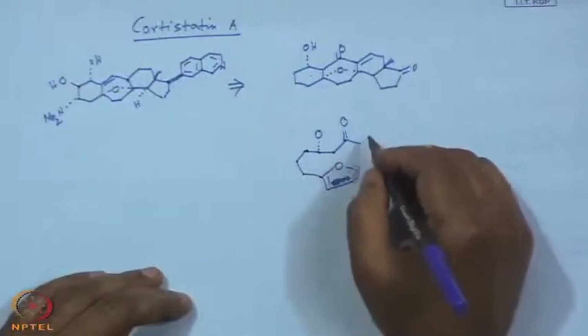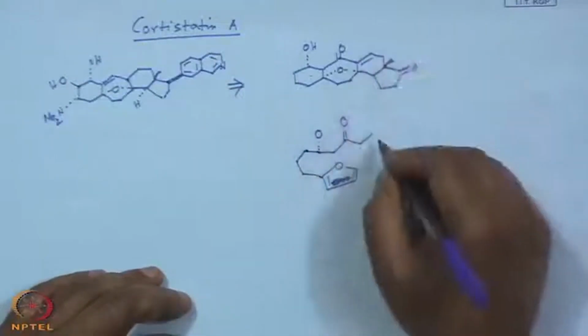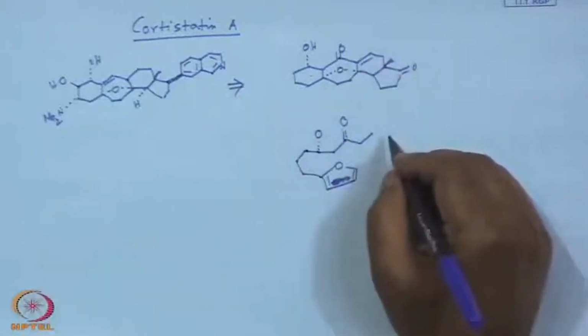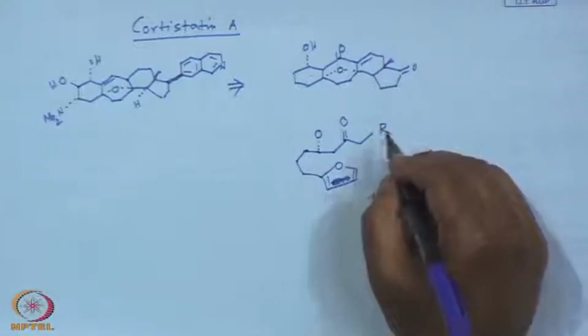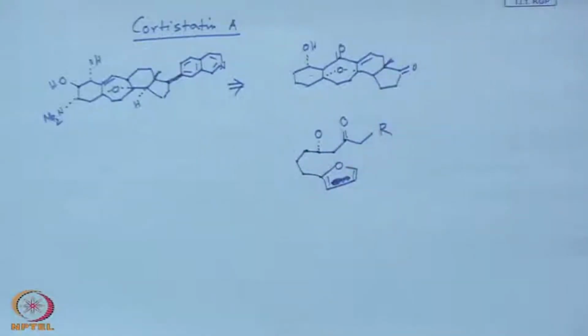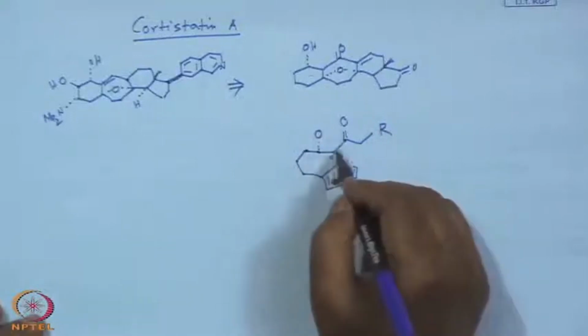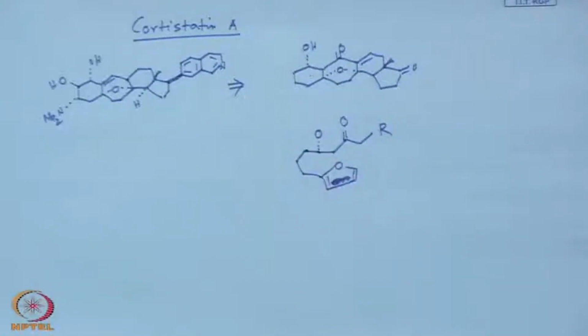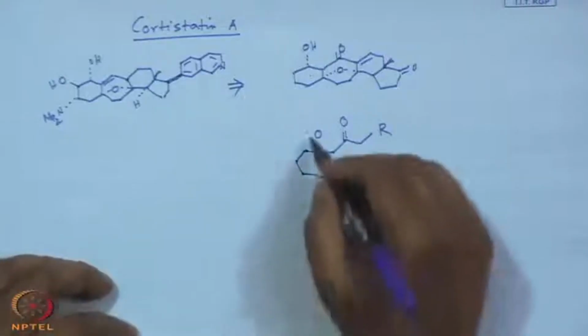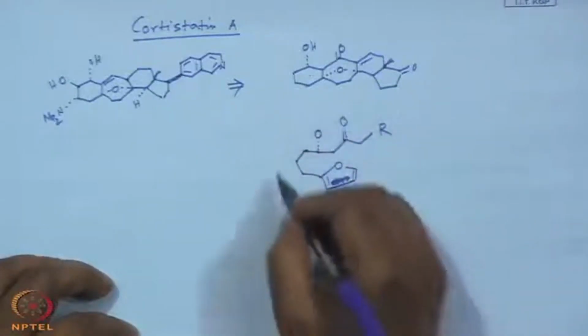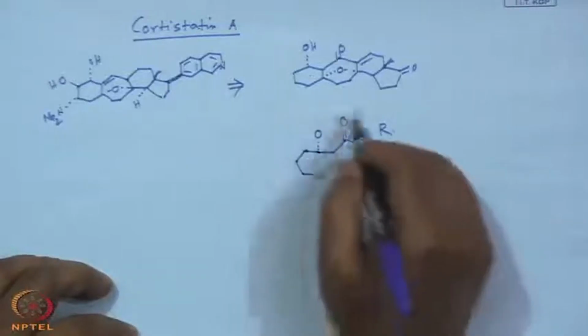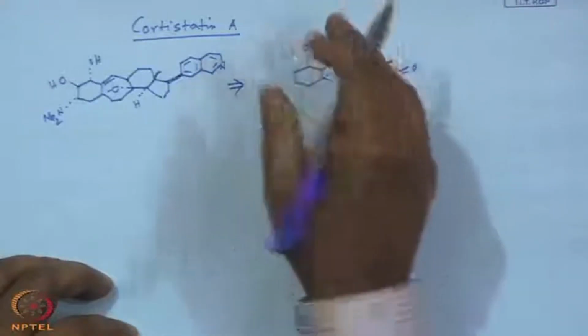Then you will have a carbon, then again a carbon here, then this carbonyl and then this, right, and of course, the other things should be there, and let us say I put R here. So, you have to fill in the blank here. So, what sort of group should we require?